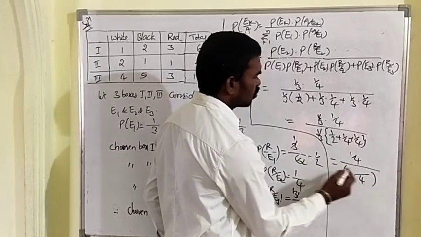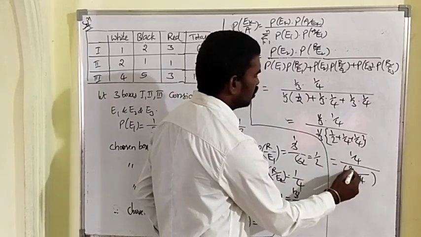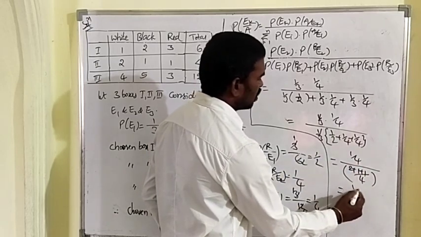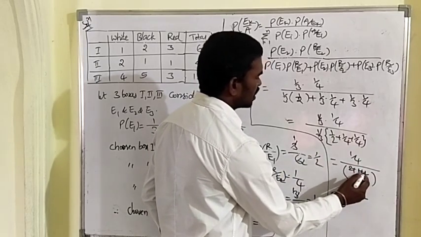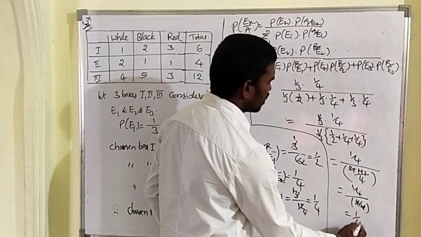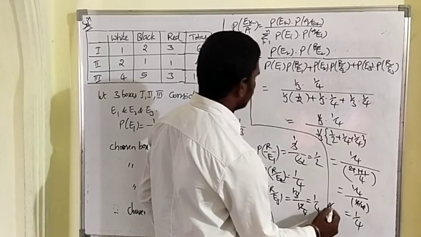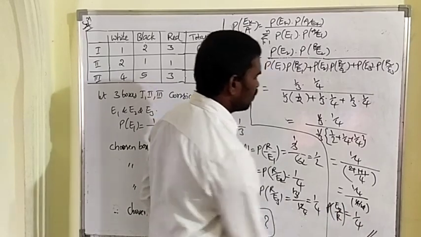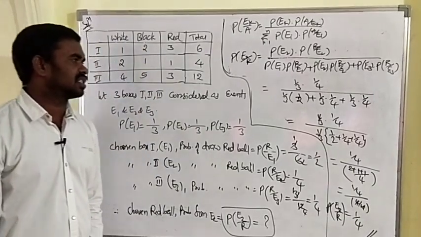In 2, 2 times it goes, 2 ones are 2, plus 1, plus 1. So 1 by 4 by (2 plus 1, 3, plus 1, 4) by 4. So 4 and 4 cancel, 1 by 4 is the remaining. So probability of E2 by R is 1 by 4. So this is the answer.